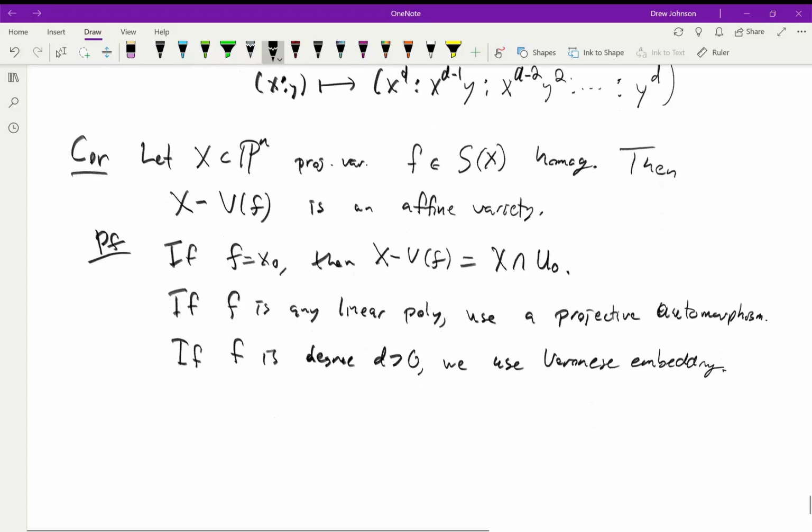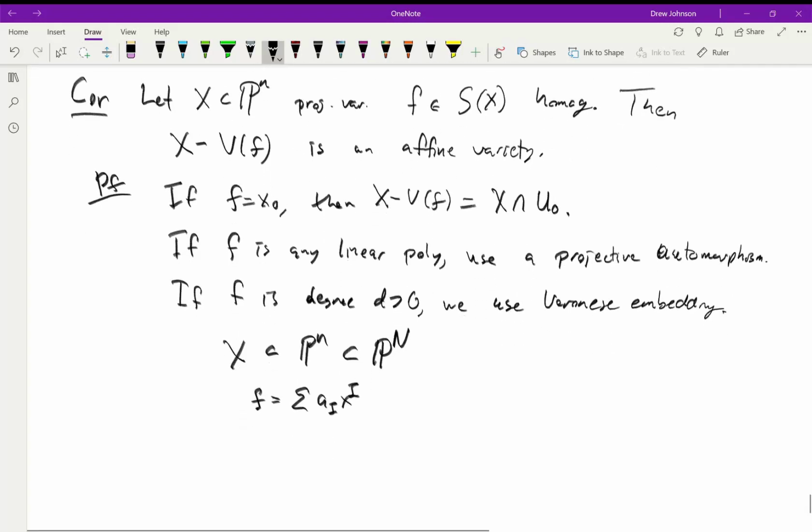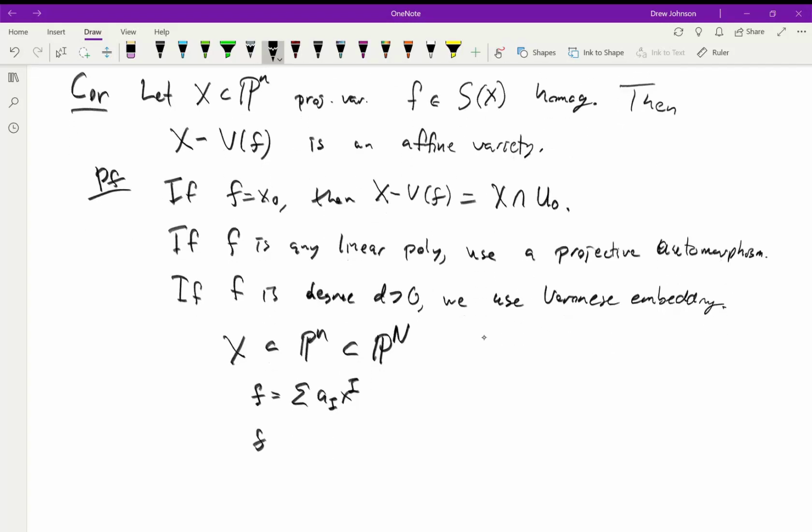Just to be completely explicit about it, let's look at X inside of Pn, and then we'll have the Veronese embedding that takes it to P capital N. If we had f as the sum of, let's say, a_I x^I, where I is some multi-index, so x^I represents some monomial, then maybe I'll write f bar to be the sum of a_I, and I'll write x subscript I, where the x subscript I are the Veronese coordinates.